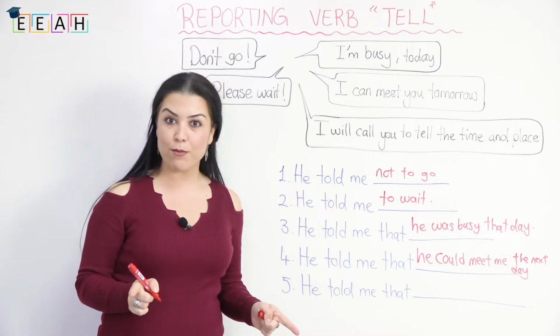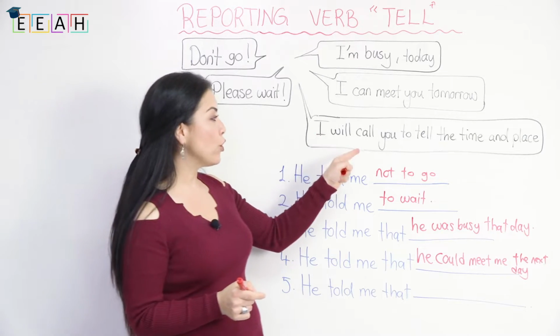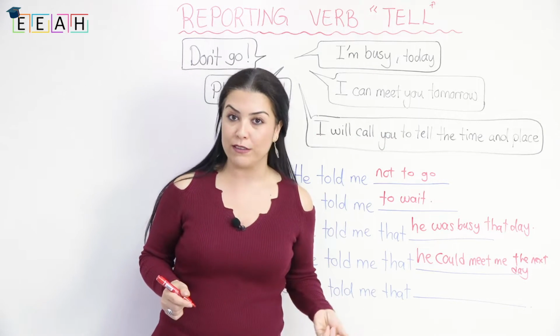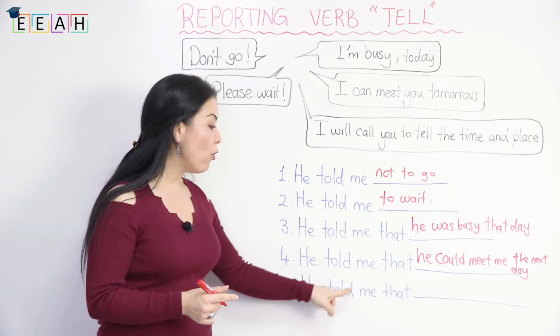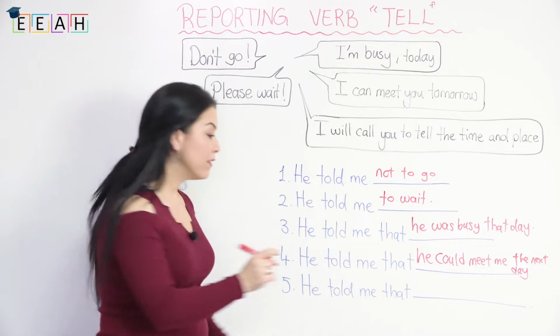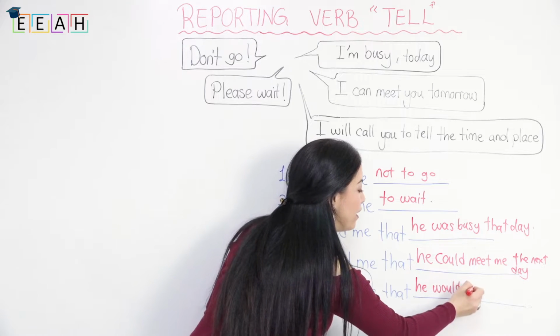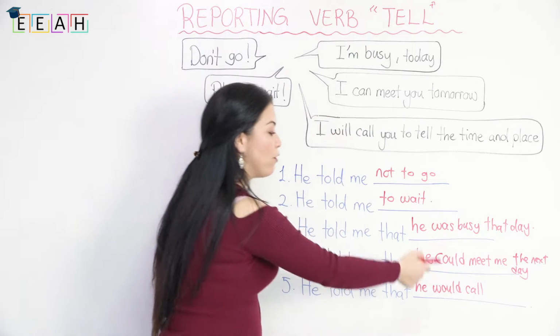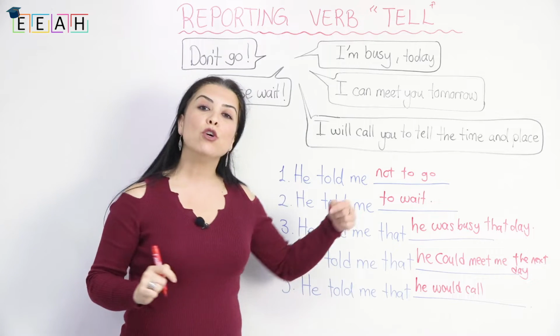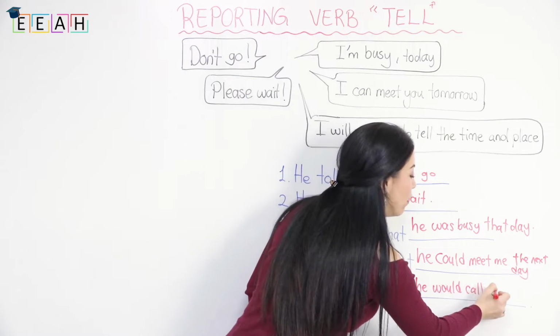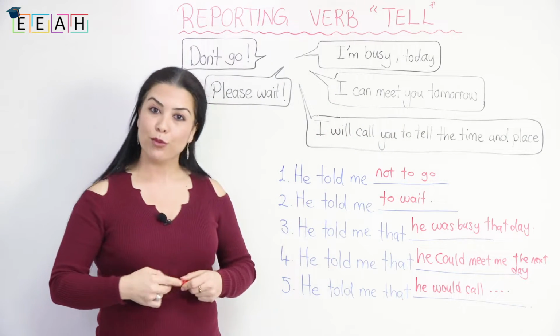And the last one, everybody. I'll call you to tell the time and place. So, he told me that he would call, okay? Will is reported as would. He would call and tell me the time and place.